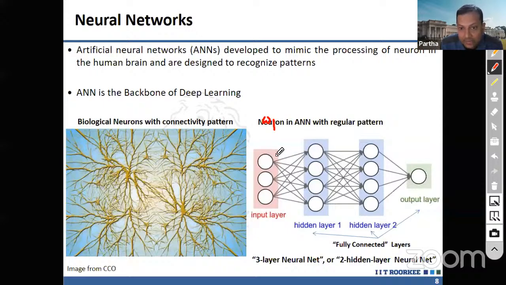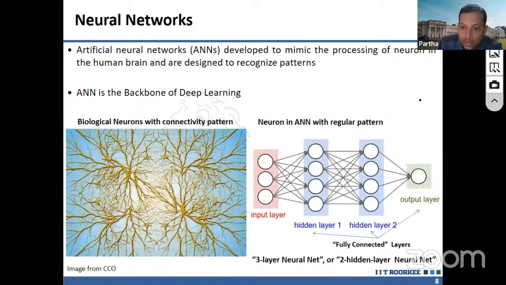Here, for example, height H1, weight W1, or some other features are connected to neurons: neuron 1, neuron 2. There you have several neurons, and these features are connected to each neuron, and these neurons are also connected similar to your biological neurons, and finally we get the output layer.